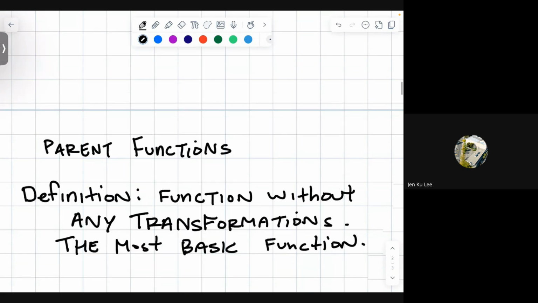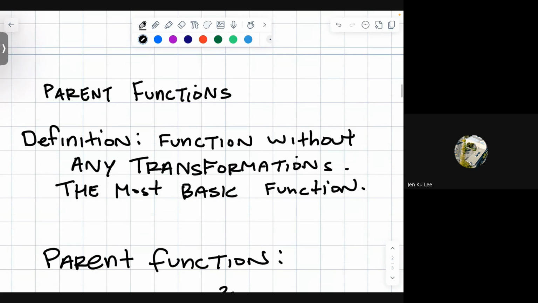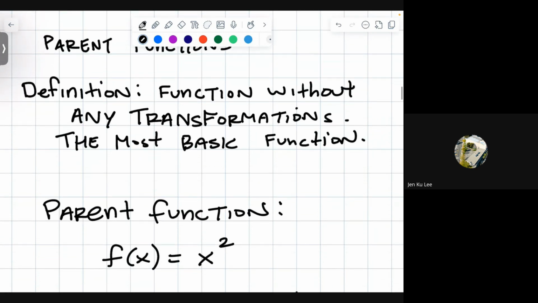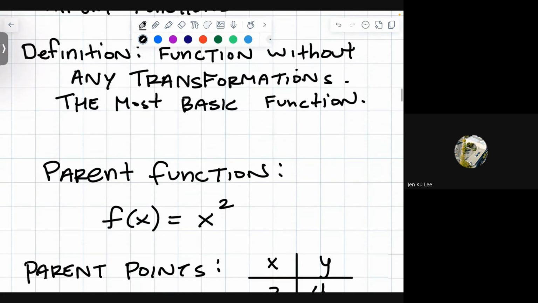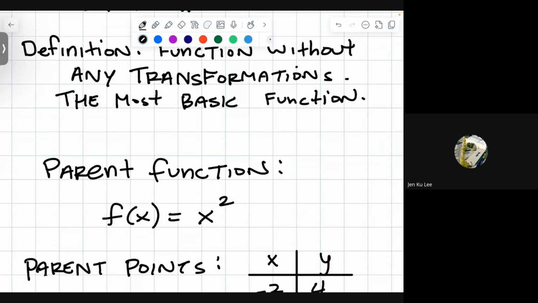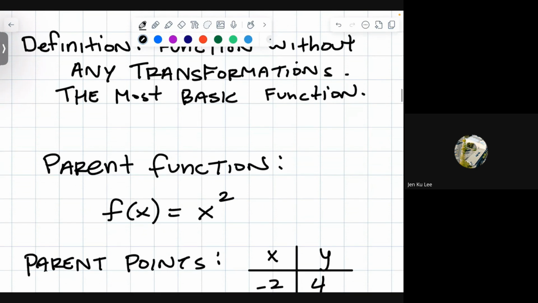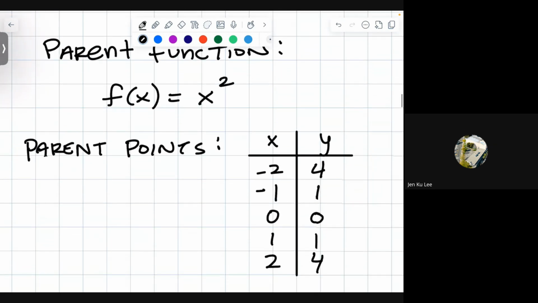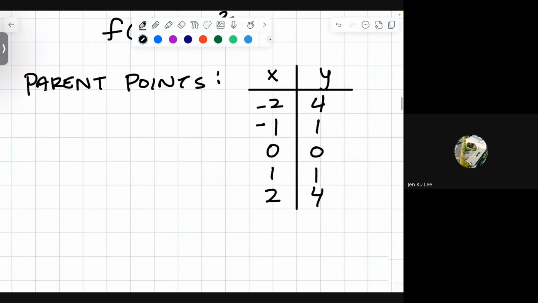Parent functions. Remember, the definition of parent functions is functions without any transformations, so the most basic function. The parent function we're dealing with in module 6 is the function x squared. In class today, we are going to cover what x squared is. And remember the parent points are (-2, 4), (-1, 1), (0, 0), (1, 1), and (2, 4).